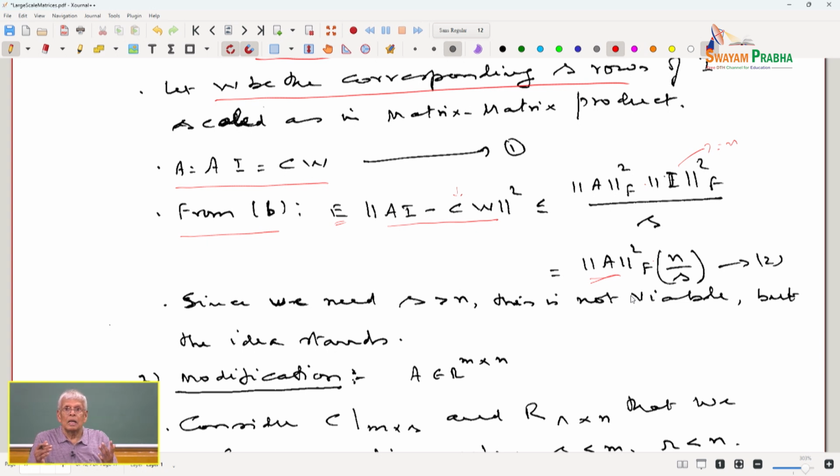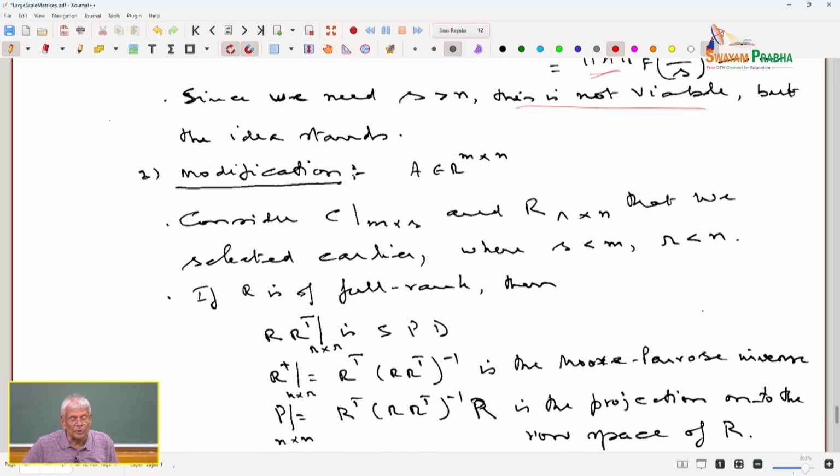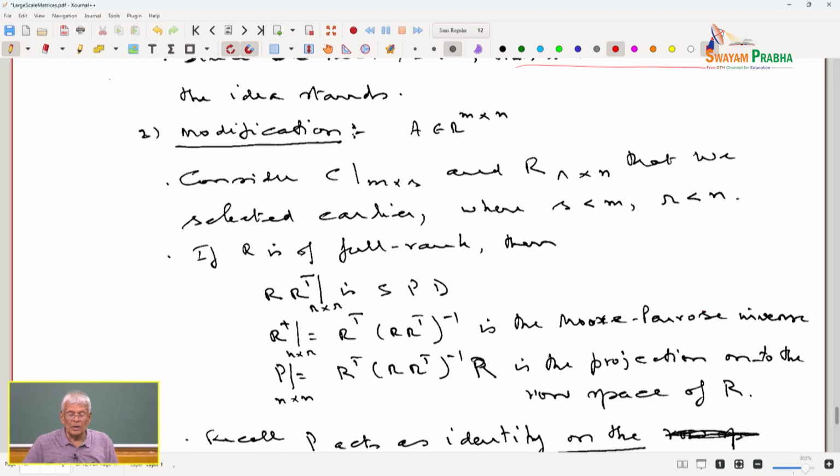Why? S is the number of rows of I, n is the maximum number of rows. So, yes, the number of rows I need to pick cannot be larger than the maximum. So, that is not viable. Even though this idea is not viable, it provides a pathway to the thought process. So, I am going to modify this idea.